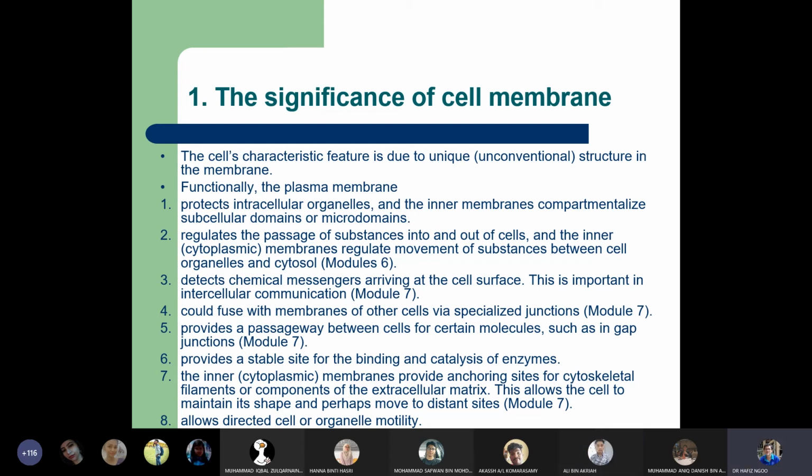Then number 7, especially if you look at the mitochondria, it has an inner membrane. You look at the inner membranes, they provide an anchoring site, basically so that the components of the extracellular matrix can link to them, and it has certain contact with the outside.